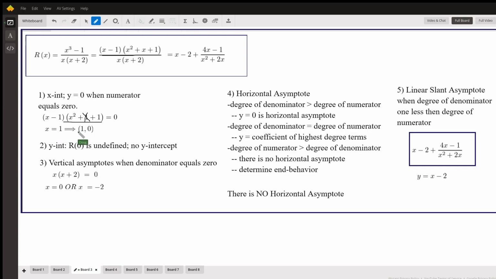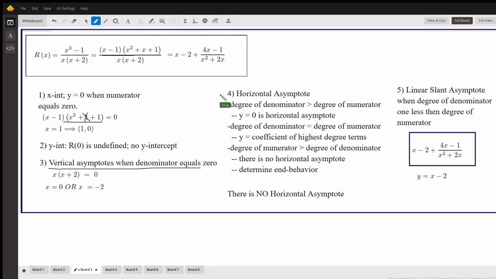But when x equals 1, we do get an x-intercept at 1 comma 0. The y-intercept exists when x equals 0, but r of 0 is undefined because we get 0 in the denominator. Vertical asymptotes happen when the denominator equals 0. That's at x equals 0 or x equals -2.